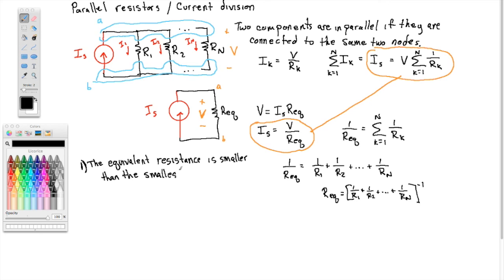Compare this to our notes from the series combination. This is the dual to the first property over there. The equivalent resistance is smaller than the smallest resistor.